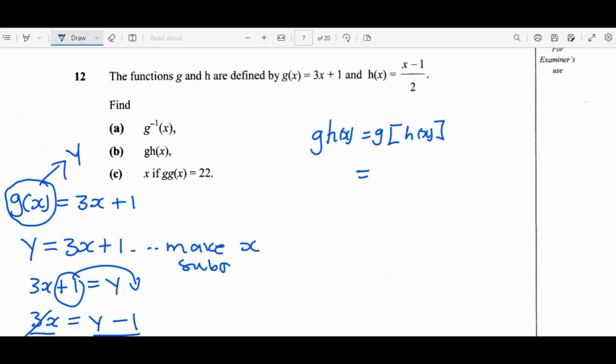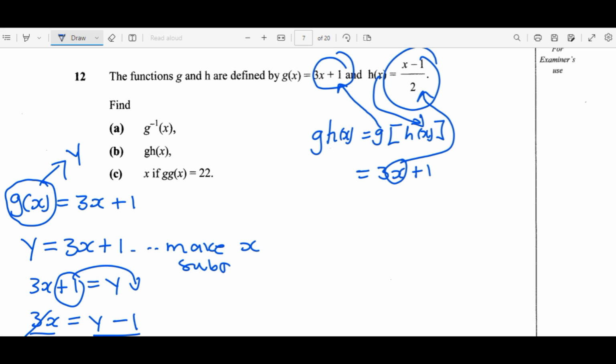So you first have to write the outside function, which is g in our case. So it's 3x plus 1. Then where there is x is where we now substitute the function of h, since h is the inside function. So 3 open brackets, x minus 1 divided by 2, close brackets, plus 1.